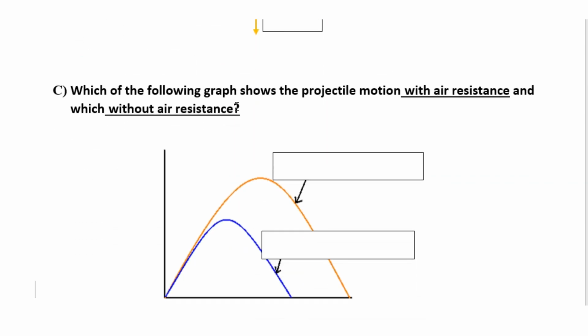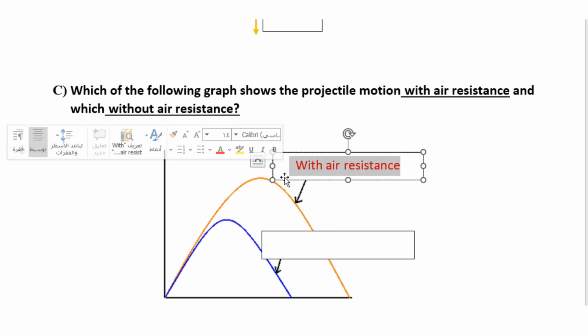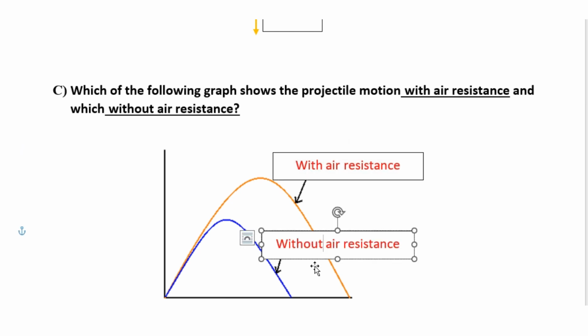Which of these do you have to write here? Is it with air resistance or without air resistance? So the first one, the orange one, this is without resistance, so that it goes further. And the blue one is with resistance.